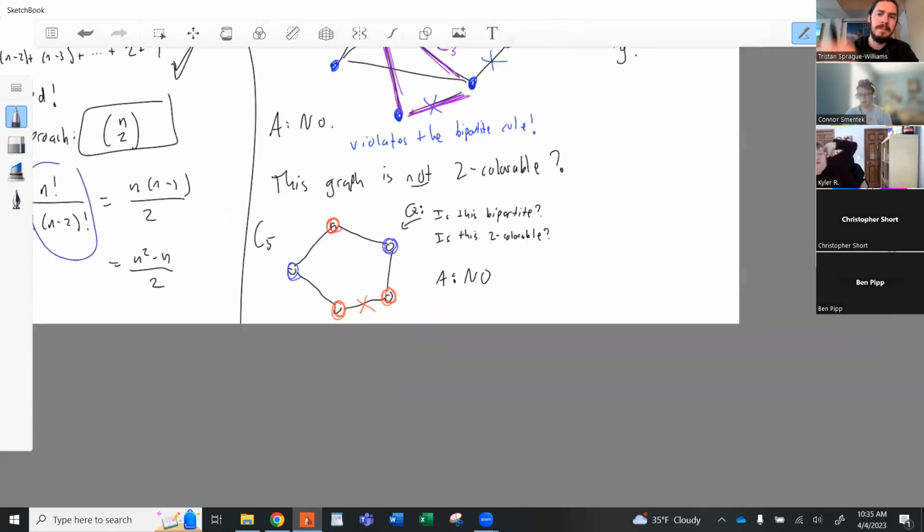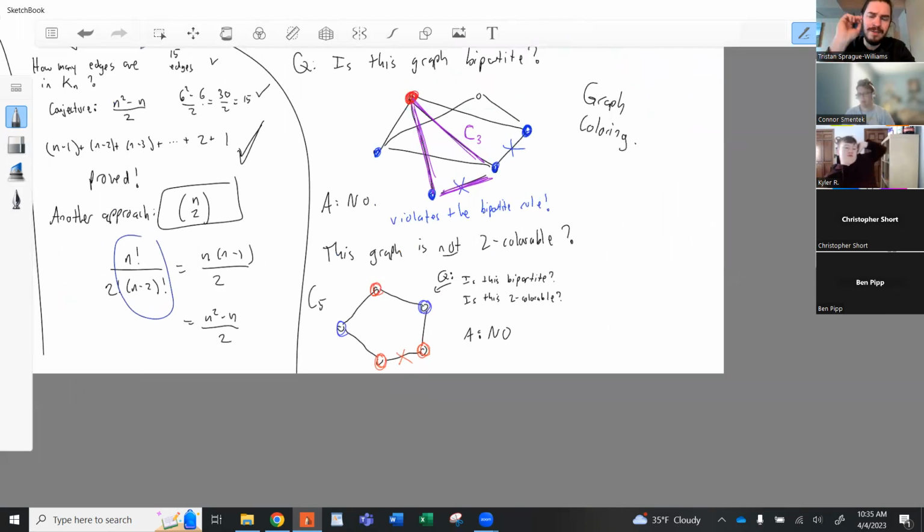Okay. So it's not just triangles. In fact, you might be able to tell that anytime you have a cycle of an odd number of vertices, it's not going to be possible to do a two coloring of that graph.